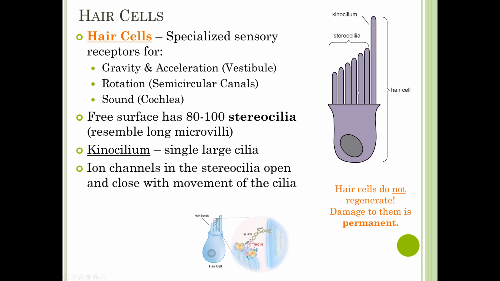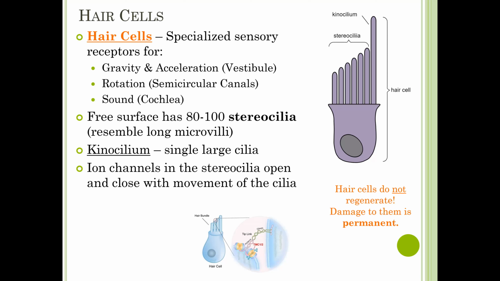So there are ion channels that are embedded in these stereocilia, and these ion channels will open and close with the movement of the cilia. There are actually little proteins that link each of these little cilia together, and so when they wave back and forth, this will open and close ion channels, which will either allow the passage of ions or block the passage of ions, which will change the resting potential of the hair cell.